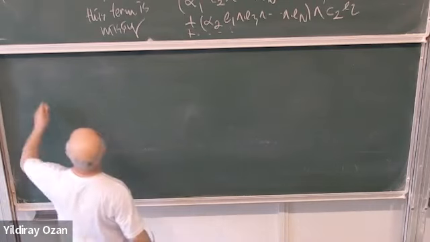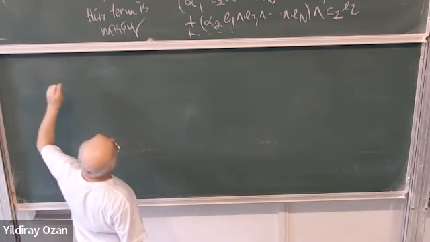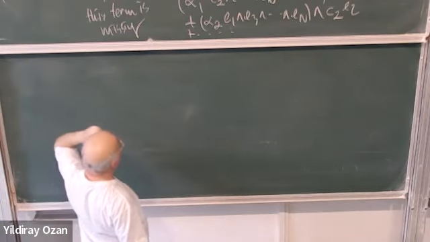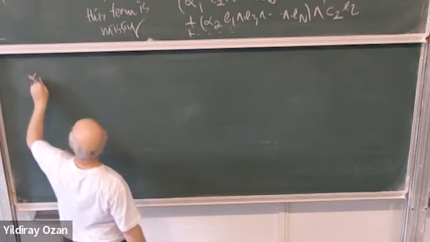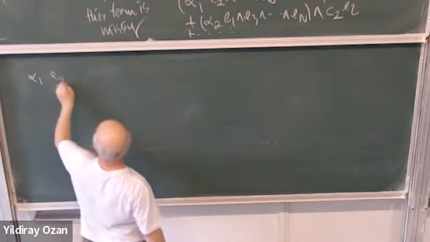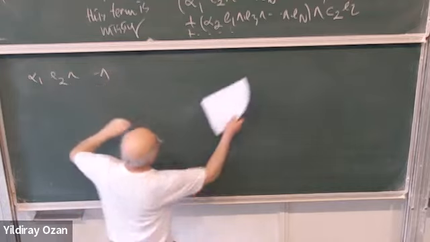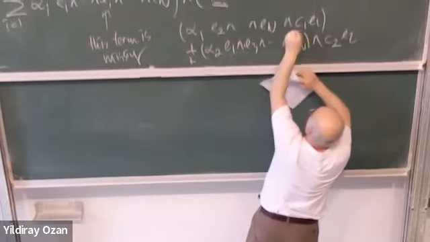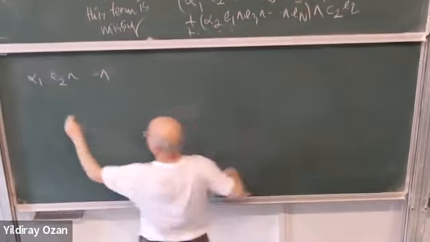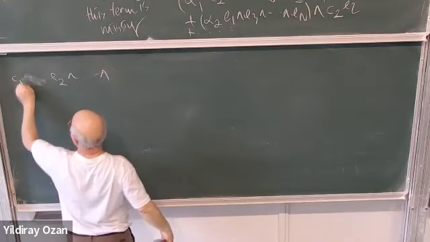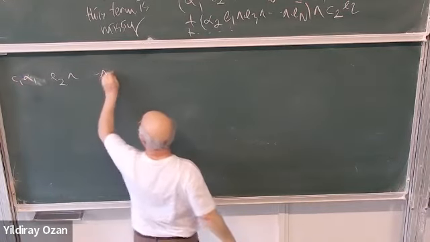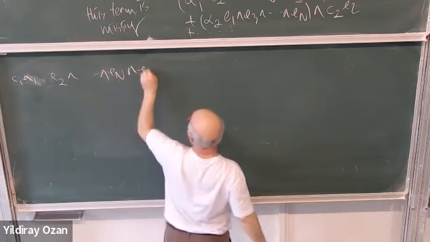So we will have the following. Alpha 1 E2 wedge. I can take C1 here. I have En and then E1.